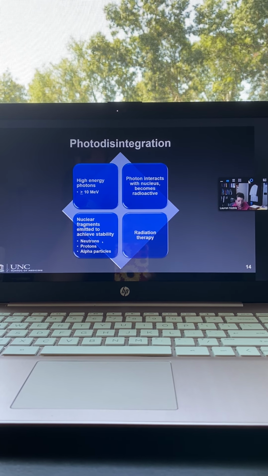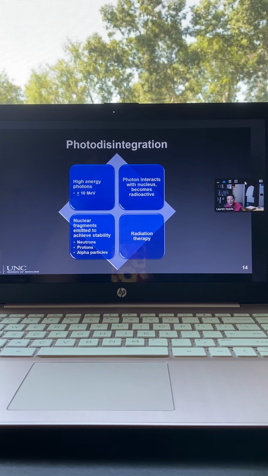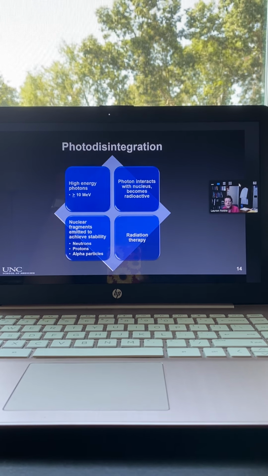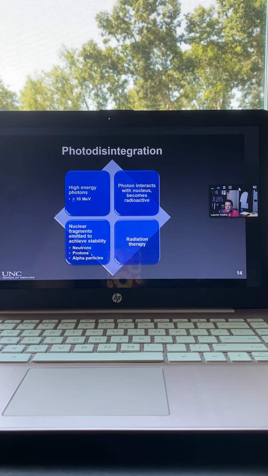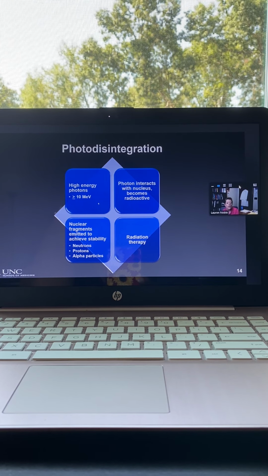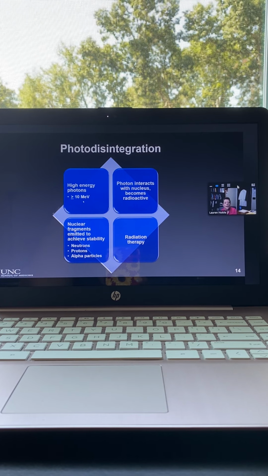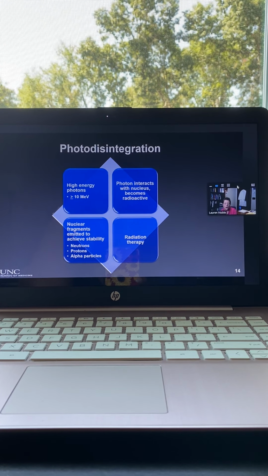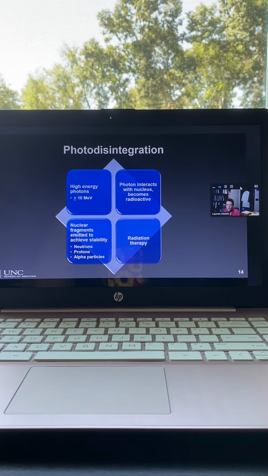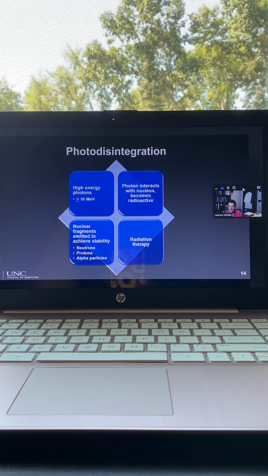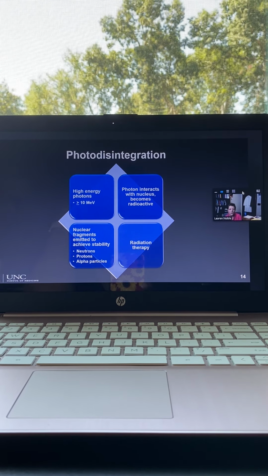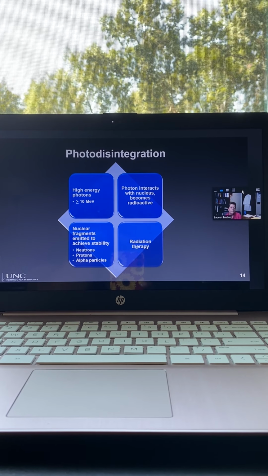If you're interested in that and you want to learn more about that later on, there are plenty of sources out there that go into that detail. What you need to know for test purposes is this number, and that it does actually occur with the nucleus. So nuclear fragments are released.